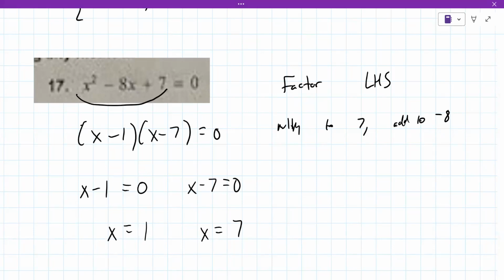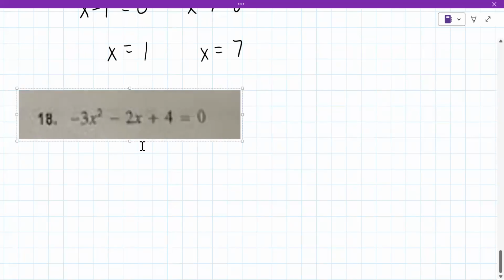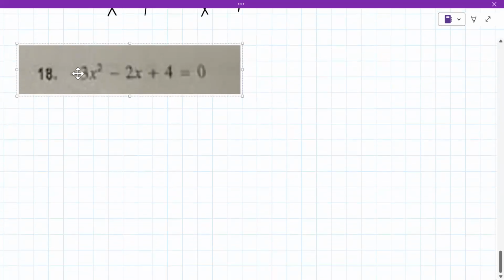All right. So the next one to look at here is number 18, which is very different than anything we've done. And hopefully you say you've seen this before. So notice the leading number here is not 1. Do you remember how to solve stuff like this? Not really. There's a couple of options.